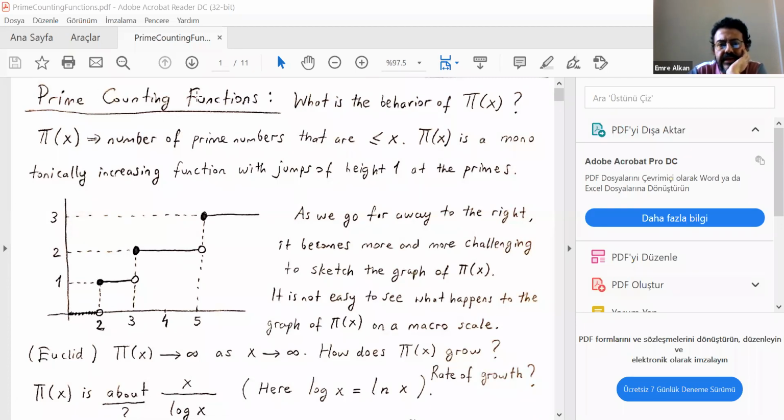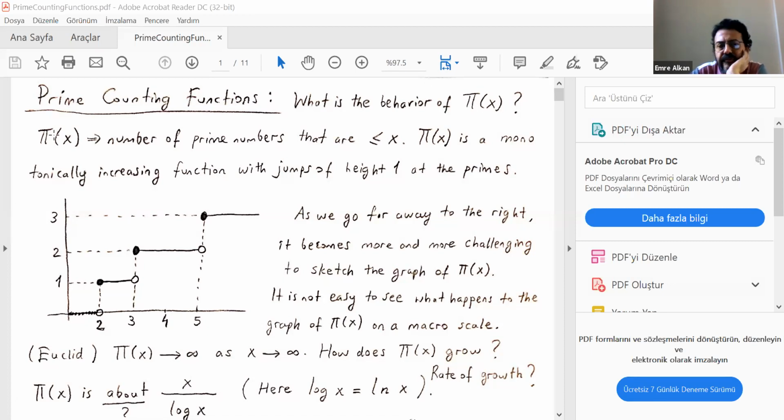So, of course, when I say prime counting function, the motivating question is about this function, pi of x. It simply counts the number of prime numbers that are less than or equal to x. Of course, we always take x to be a non-negative number here. We are not interested in negative numbers. It's a very old question, by the way, in the history of math: what is the behavior of this pi of x?